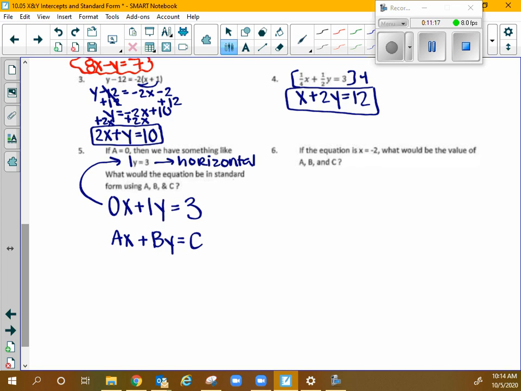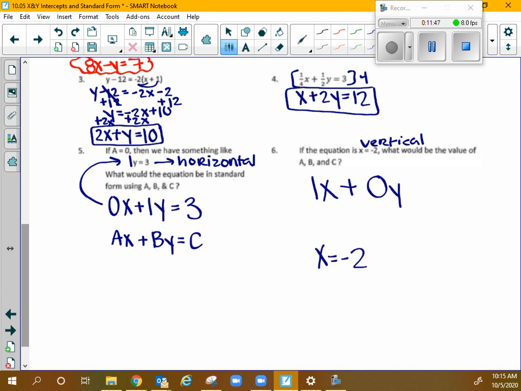If the equation is x equals -2, what kind of line is that? Vertical. So what coefficient of which value would be 0? Y, because the y is gone. What's the coefficient of x? 1. Because look, x equals -2.